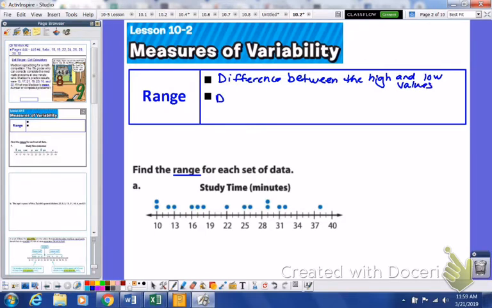It also helps us describe if the data is spread out or bunched together.